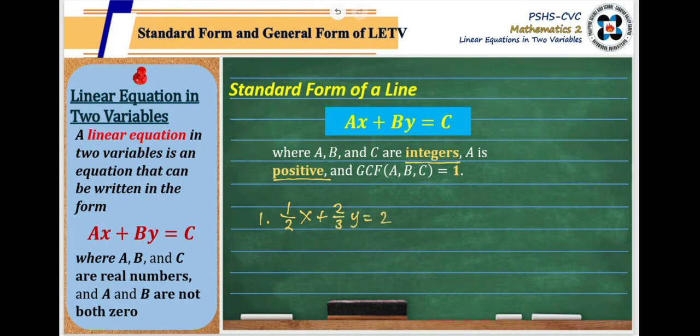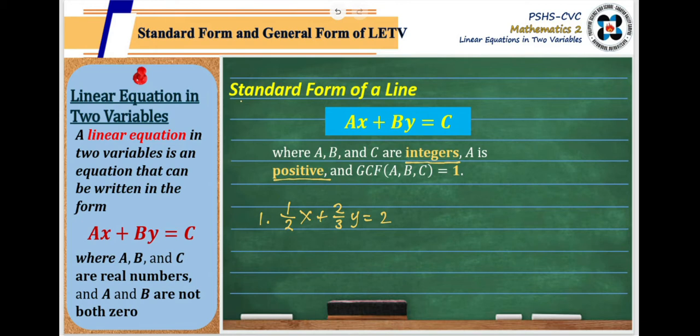Of course, if we're going to look at this equation, you can say that this is a linear equation in two variables because 1/2, 2/3, and 2, which are the values of a, b, and c respectively, are all real numbers. But the question here is, is this equation written in standard form? Okay, so this is not yet in standard form. Why?